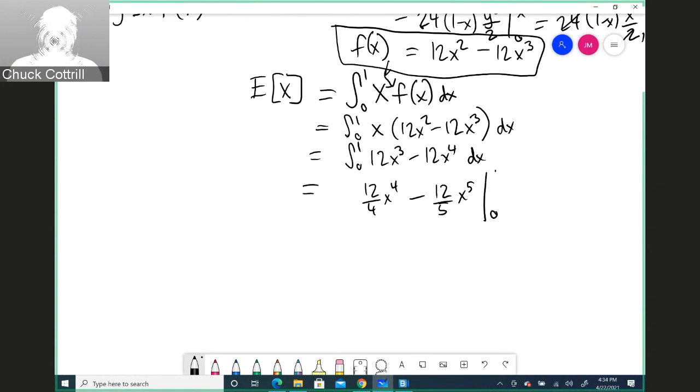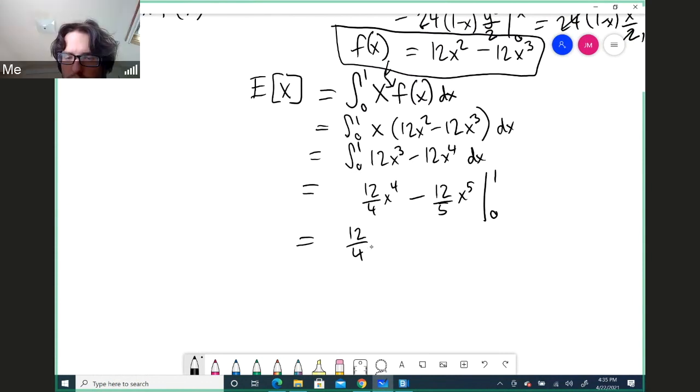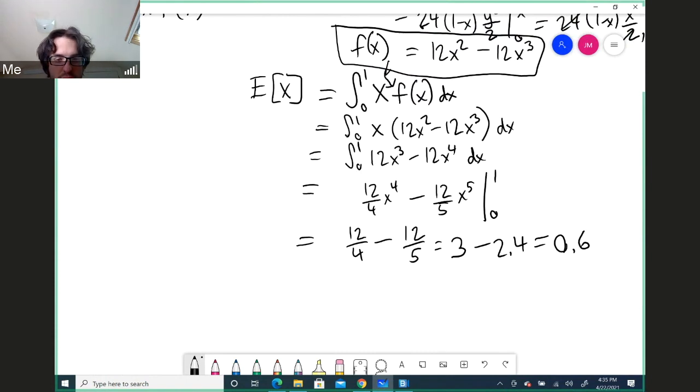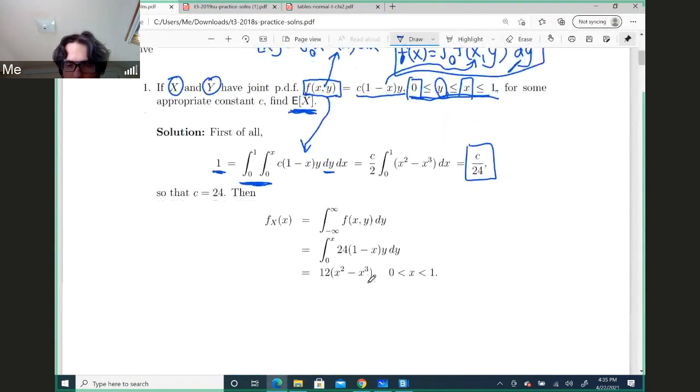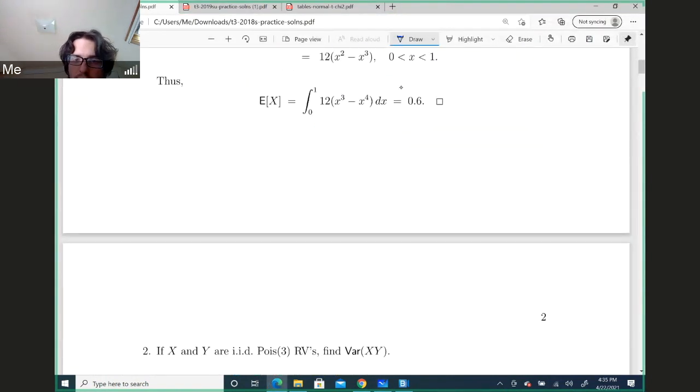And this is evaluated from 0 to 1, and that leaves us with 12 fourths, if I'm doing this math right, minus 12 fifths. And this, of course, is just equal to 3. That's equal to 3, and then this other one's equal to 2.4. And so you end up with 0.6, which, if I did all my math correctly, should be the answer. Yep, okay, great.